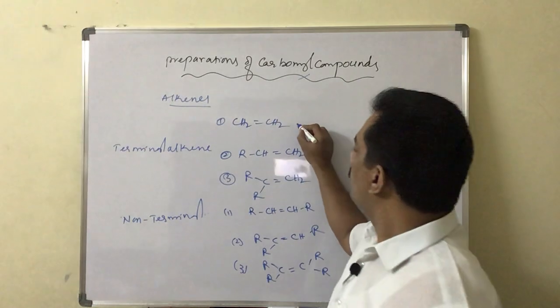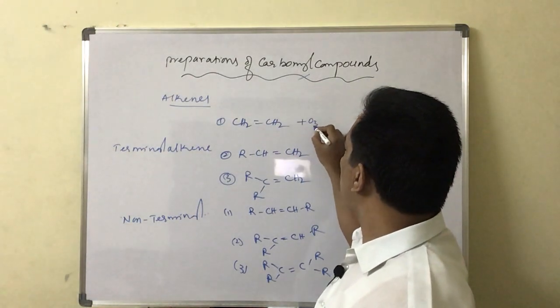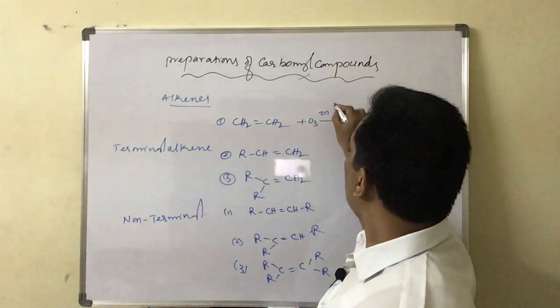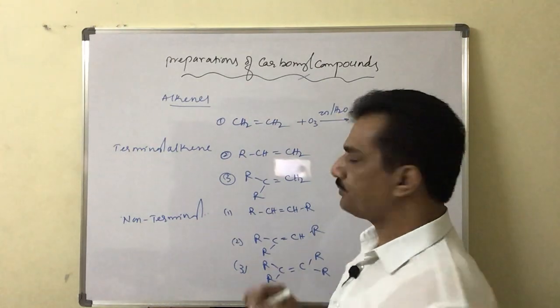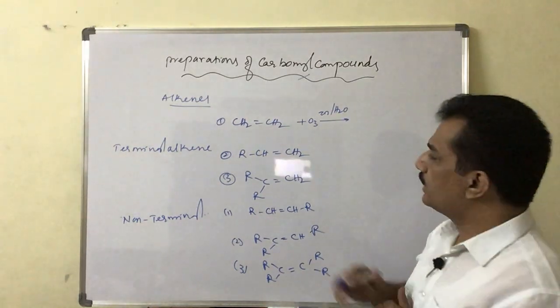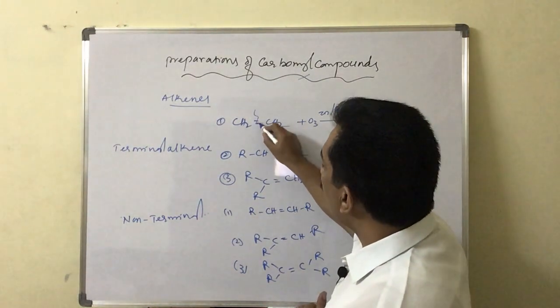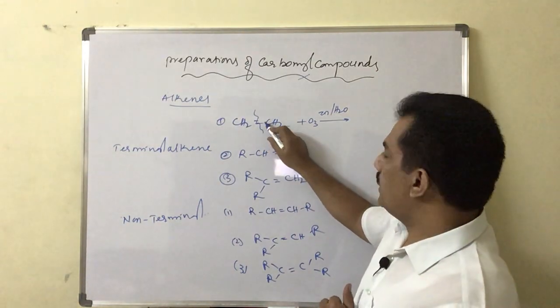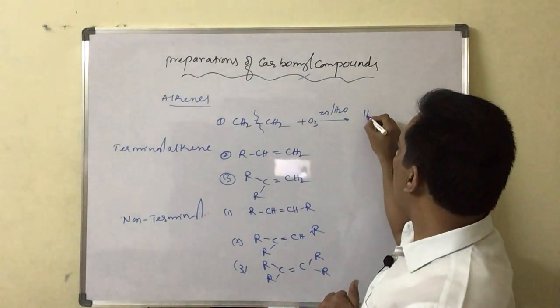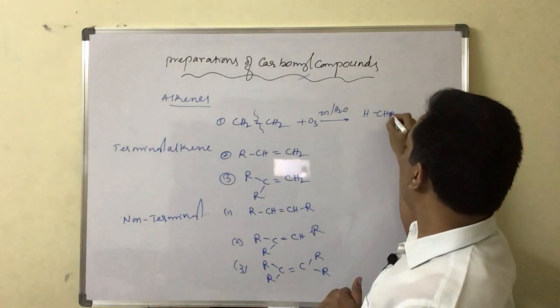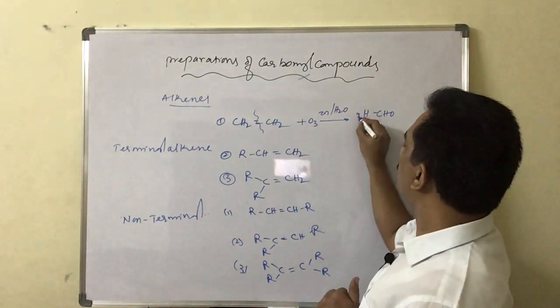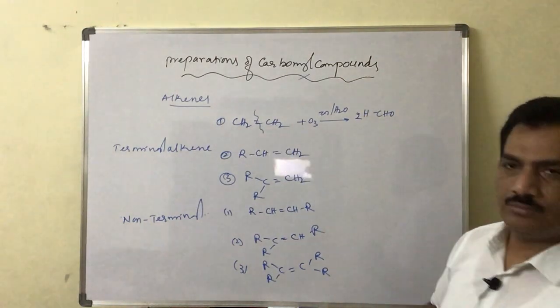Just remember, when it is undergoing ozonolysis, that is reductive ozonolysis, if this double bond is cleaved, the number of hydrogens present are now present in the aldehyde. Two moles of formaldehyde will form here.